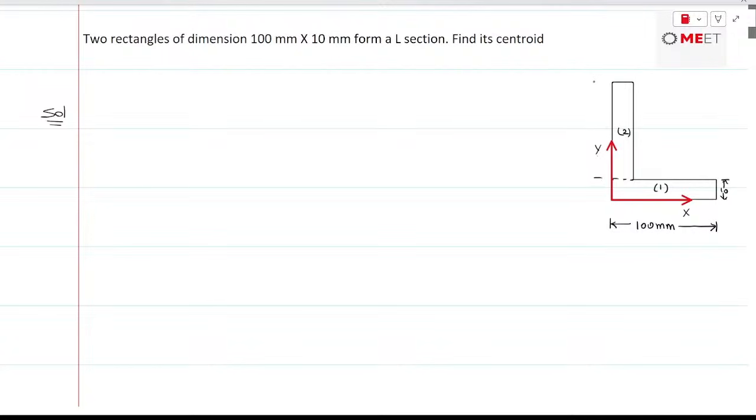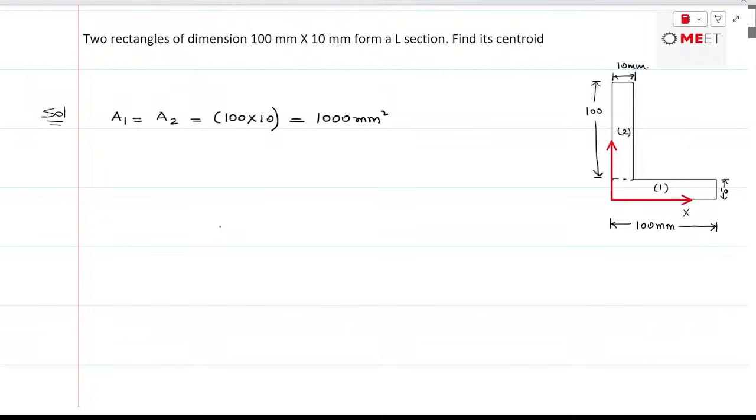So this width would also be 100 mm and the thickness of this is 10 mm. Now the areas, A1 equals A2, that is 100 into 10, which is 1000 mm square, the area of each rectangle.